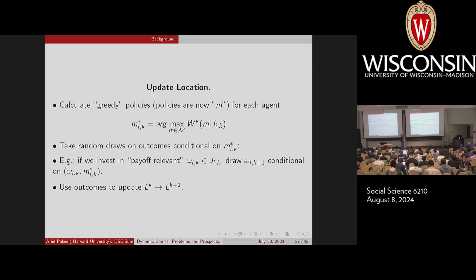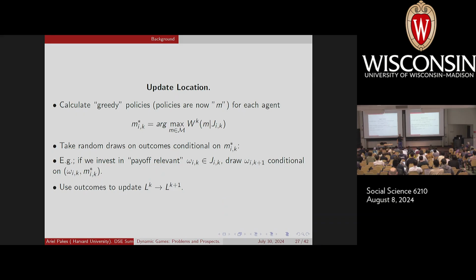How am I going to update the location? I'm going to use what's called greedy policies in the Q-learning literature. At each iteration, I have n guys that are active at this iteration. For each of these guys, I have a perception of their expected discounted value in memory.